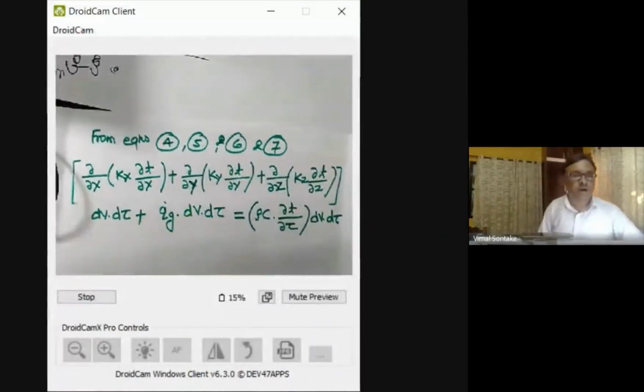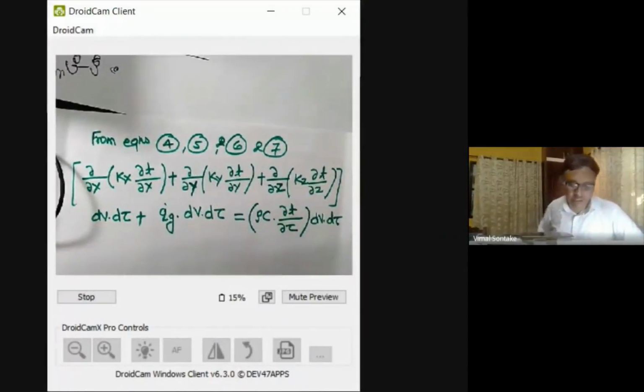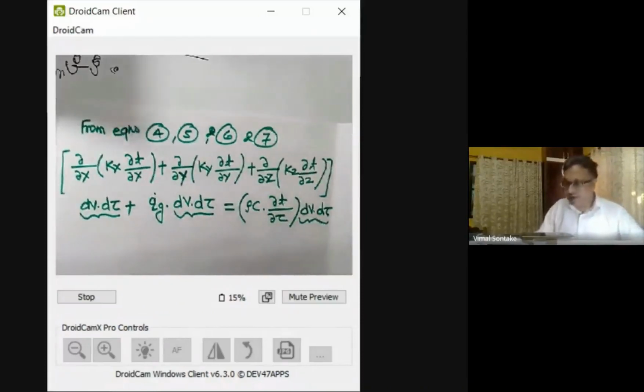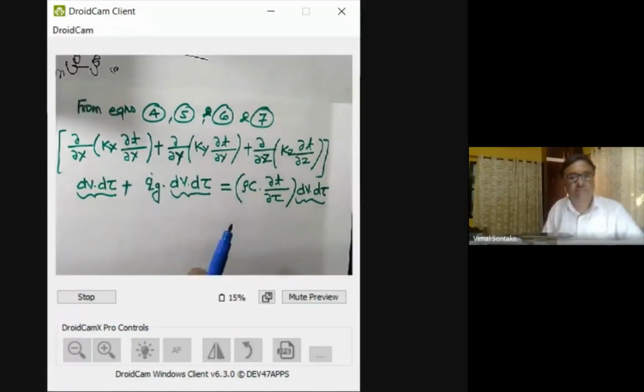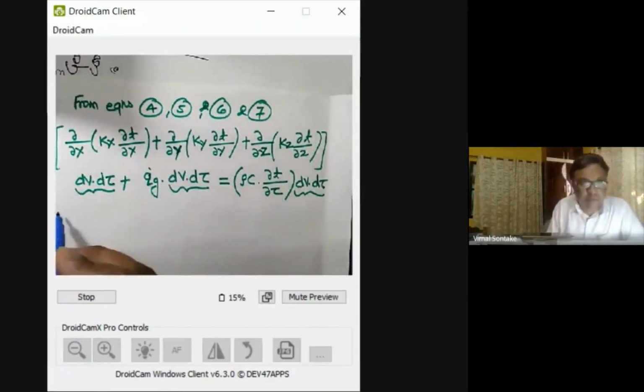Okay, so after substituting equations number 4, 5 and 7 into equation number 6, I will get this generalized form. Now here dV into d tau is a common term on both sides, so it will get cancelled out and I will get an equation in this form.